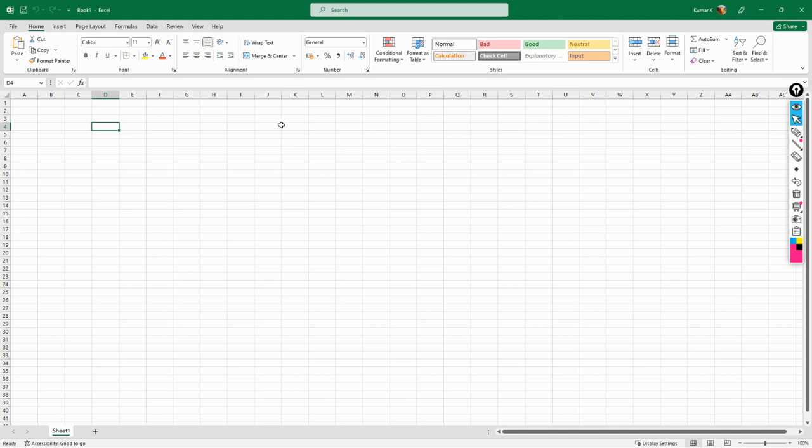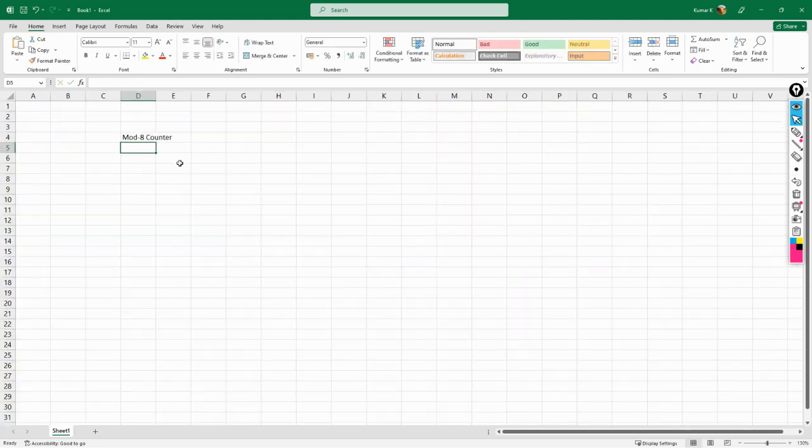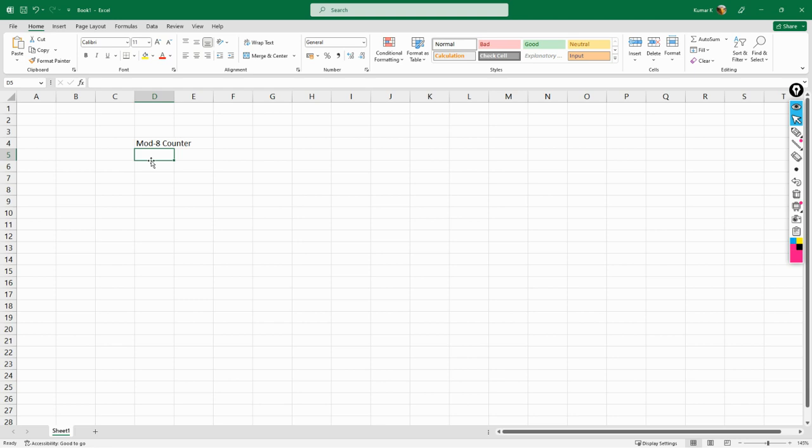Now what we are going to do is design a mod 8 counter. Here we have Q2, Q1 and Q0, so 3 flops is what we need.